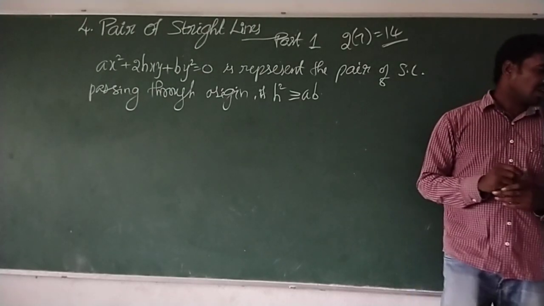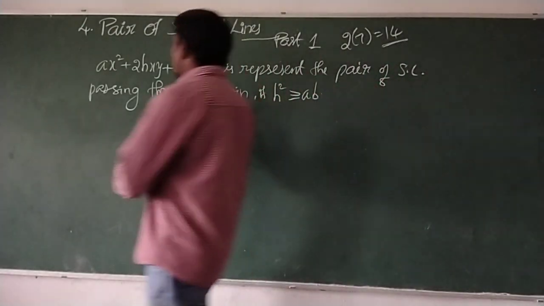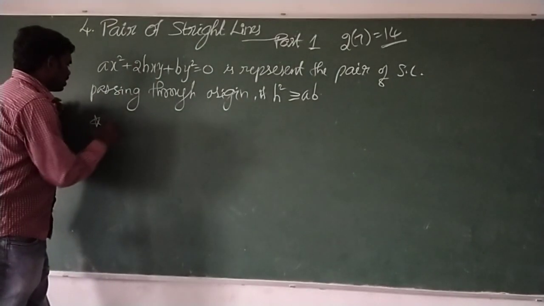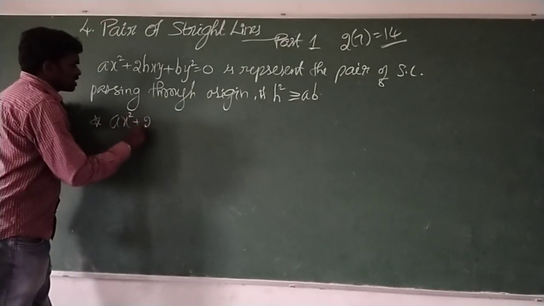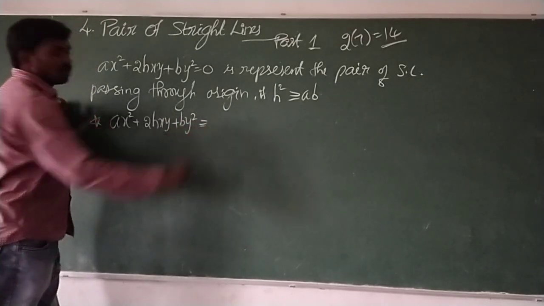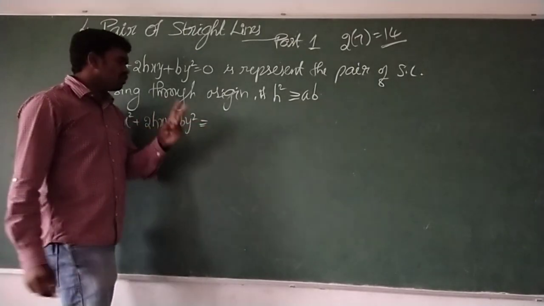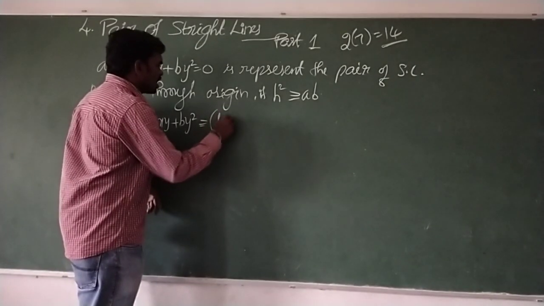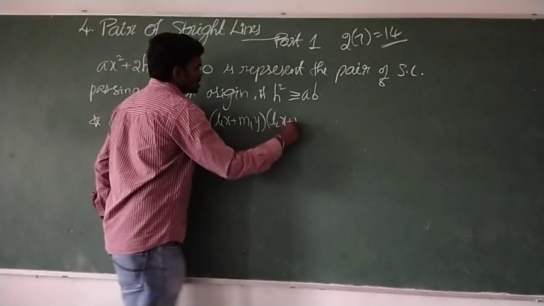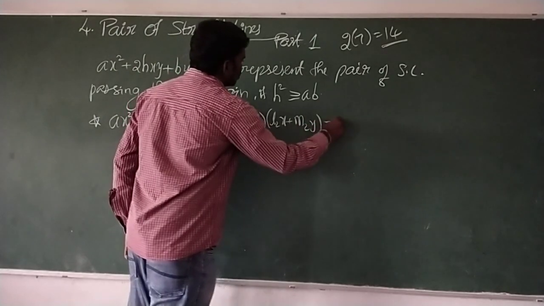Okay. What are those two straight lines in this pair of straight lines? Means we can assume that ax square plus 2hxy plus by square equal to, we have two straight lines. I am taking one as (l1x plus m1y) into (l2x plus m2y) equal to 0.